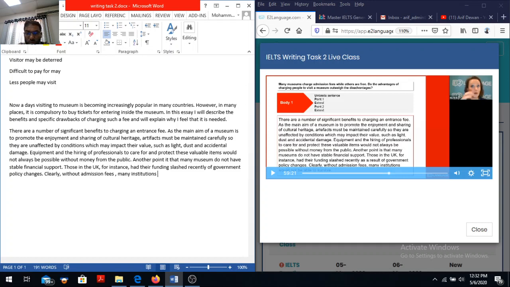Institutions would not survive. So this is paragraph 1.